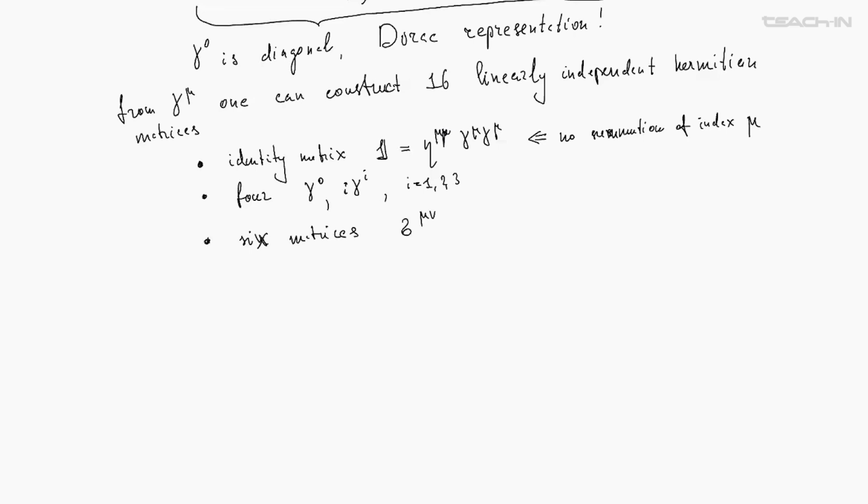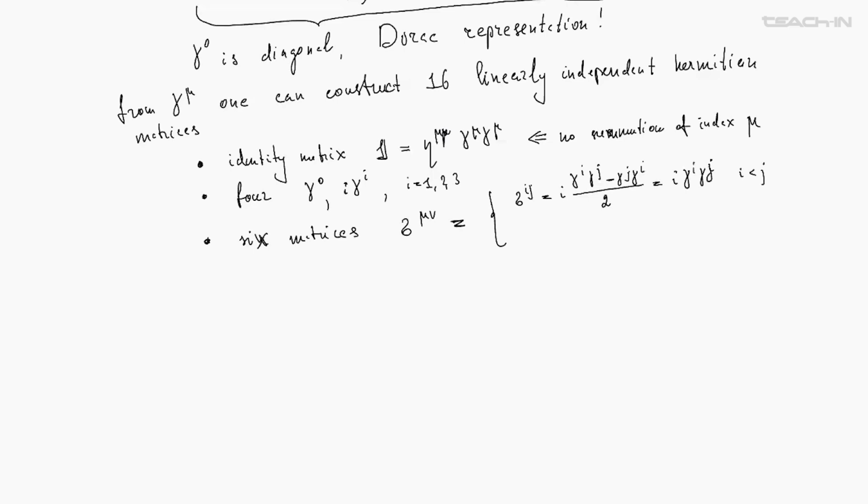Sigma ij is i times the commutator of gamma i and gamma j divided by 2, which, due to the Clifford algebra relation, is the same as i gamma i gamma j, for i less than j, where i and j run over 1, 2, 3.